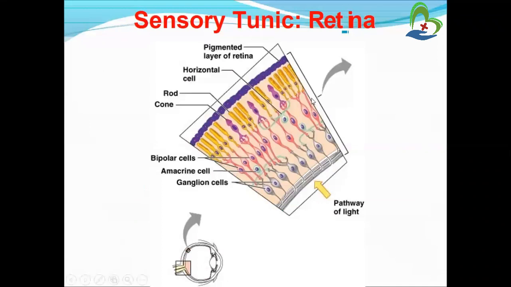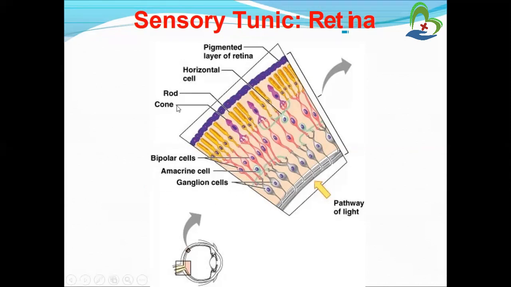Here in the figure, the image of the retina is shown. This is the pathway of light. Light enters from here. Then these are the ganglion cells, which are included in the neural layer. This is the amacrine cell and this is the bipolar cell. So three types are included in the neural layer.